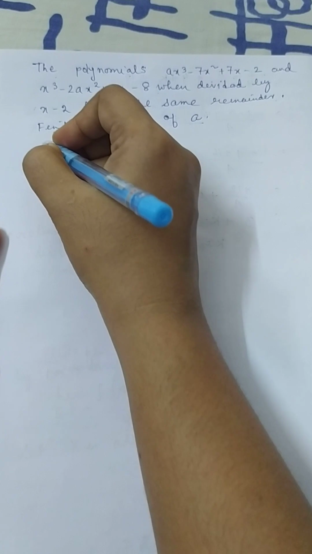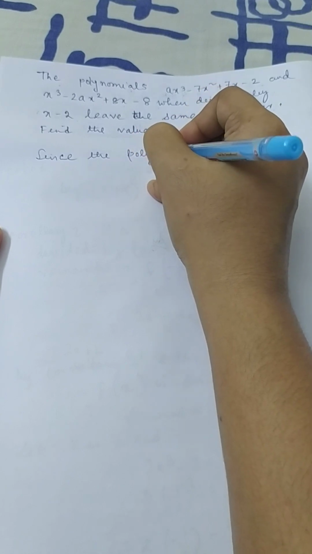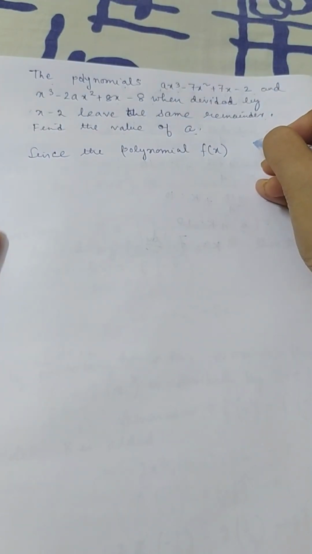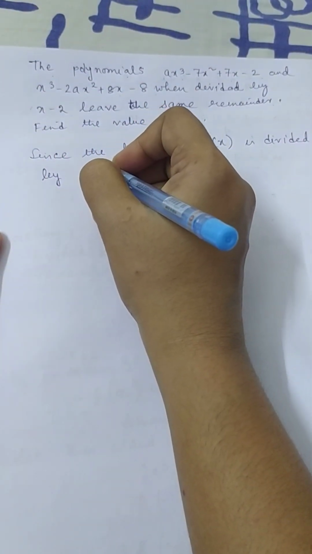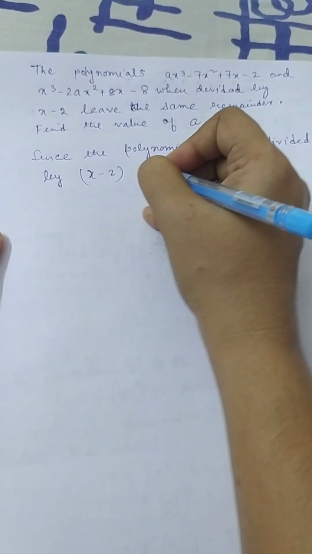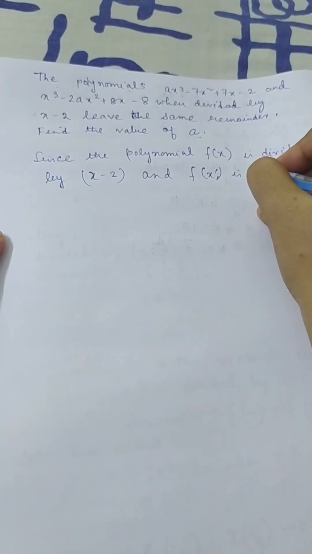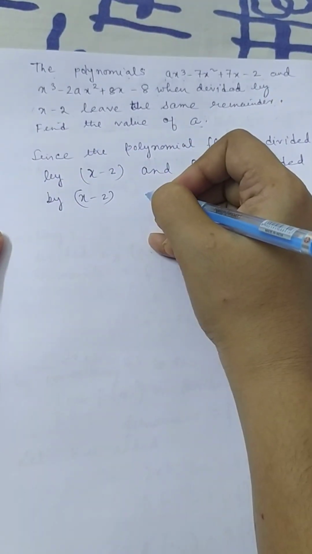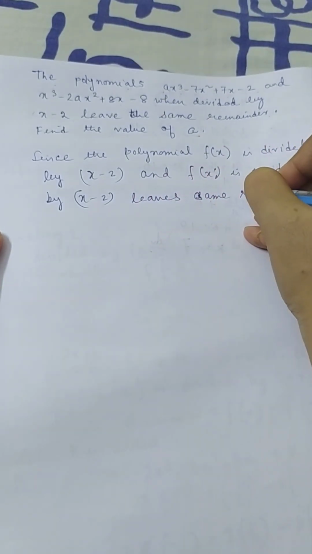So we can write that since the polynomial f(x) is divided by x minus 2 and f dashed (x) is divided by x minus 2, they leave the same remainder.